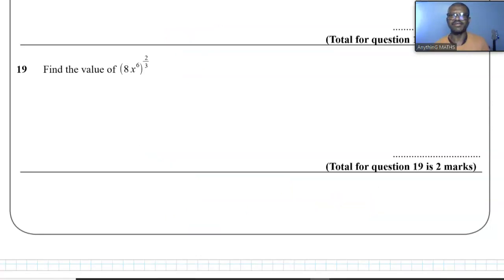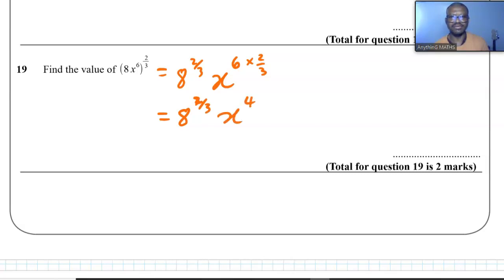Next, find the value of 8x raised to the power 6, all raised to the power 2 over 3. Now, removing the bracket, we're going to have 8 raised to the power 2 over 3 and x raised to the power 6 times 2 over 3. We're going to have 8 raised to the power 2 over 3, x raised to the power 4.